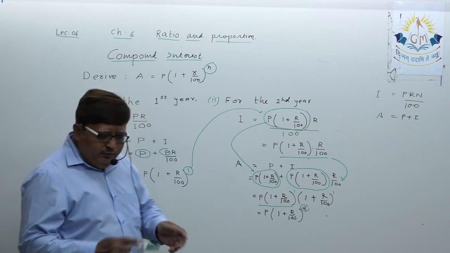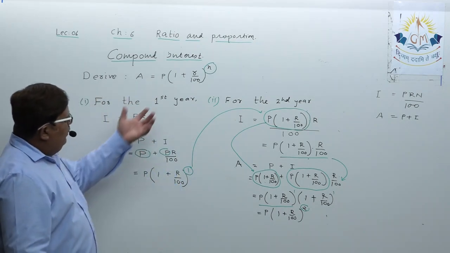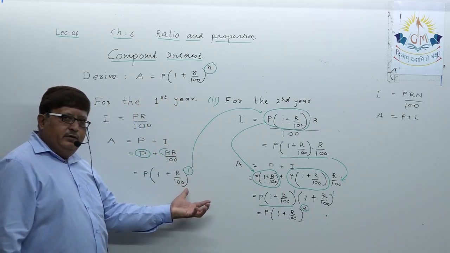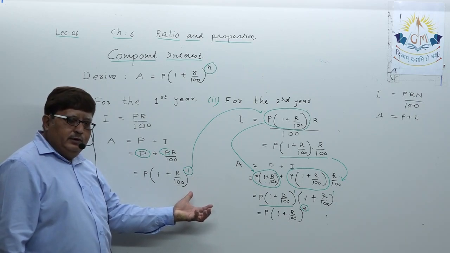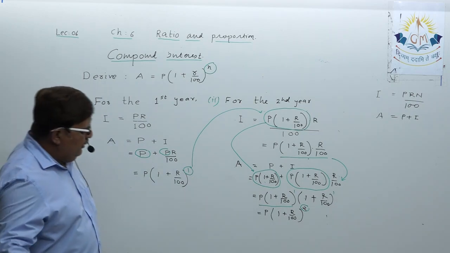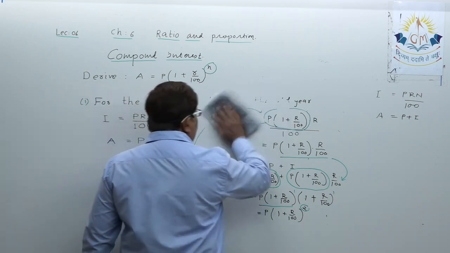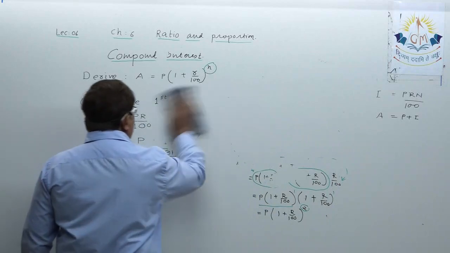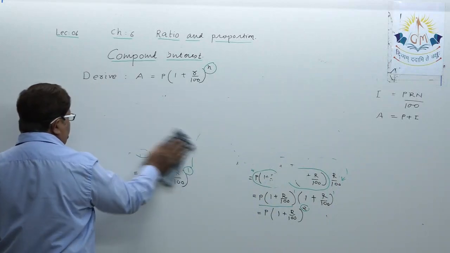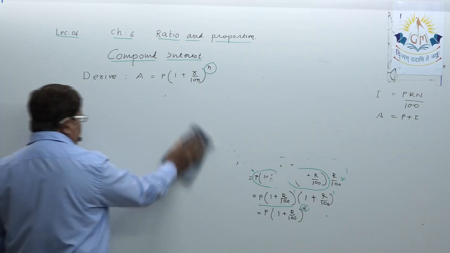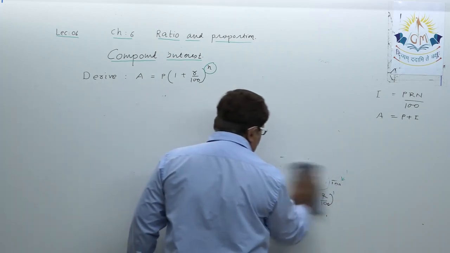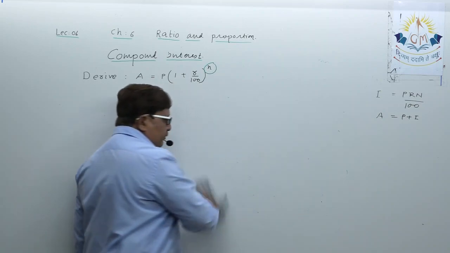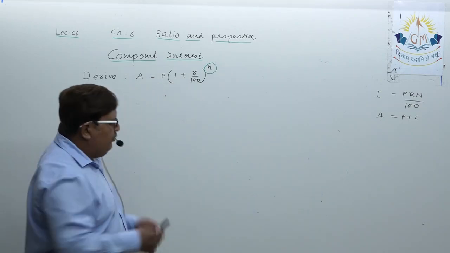Okay, now what you have to write? When I ask the derivation, after writing these two stages, now you will write this way. Two stages you have already cleared, and now one more statement you have. Please note down.